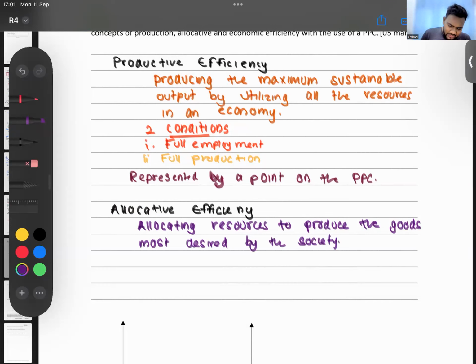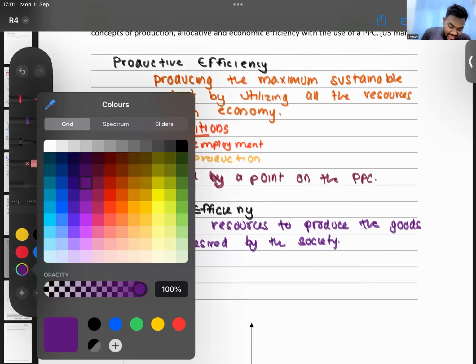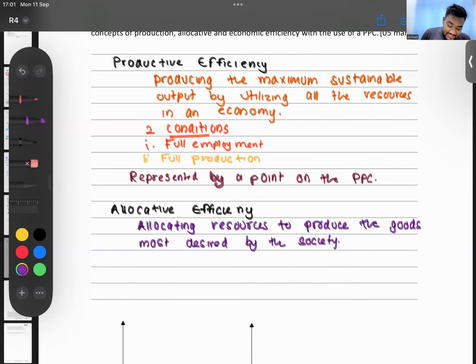Then, for us to have allocative efficiency, what is the condition? Marginal cost should equal marginal benefit, or you can write it the other way: marginal benefit equals marginal cost.